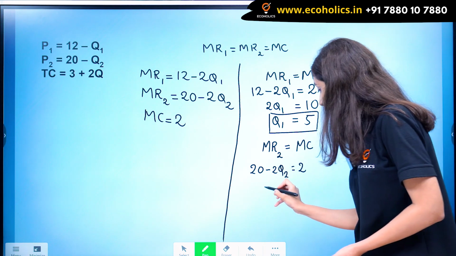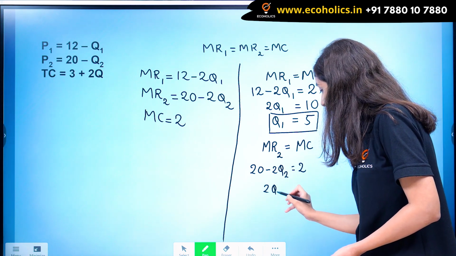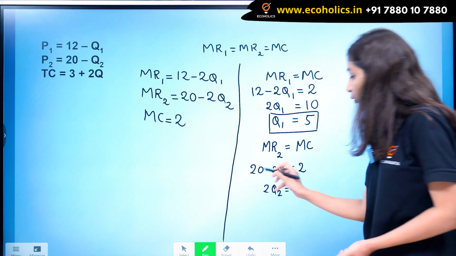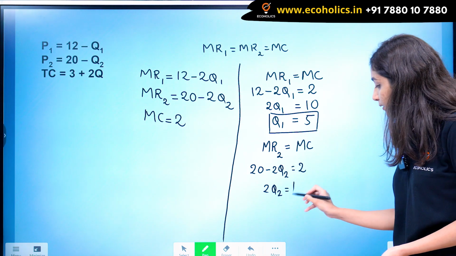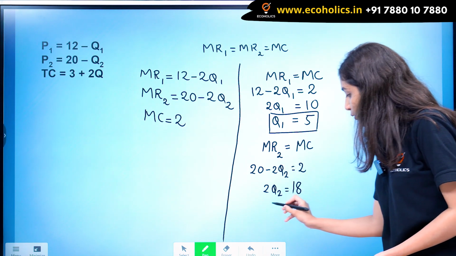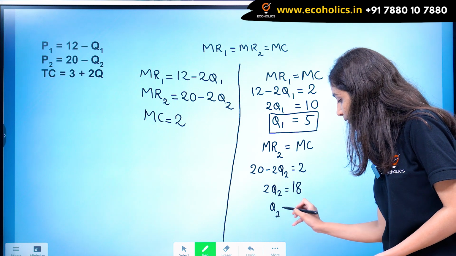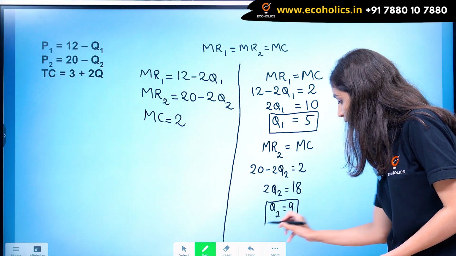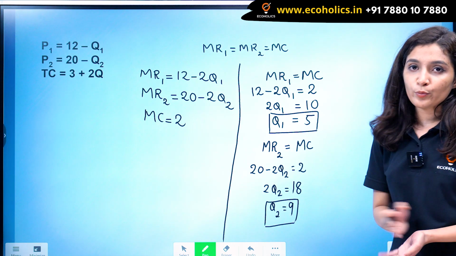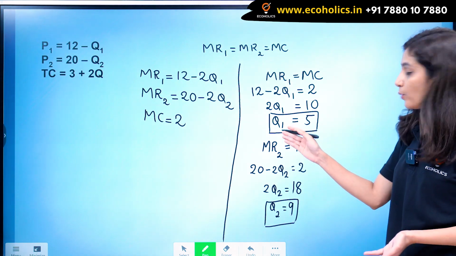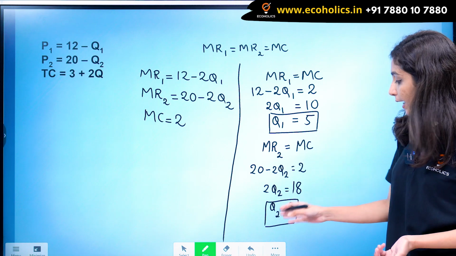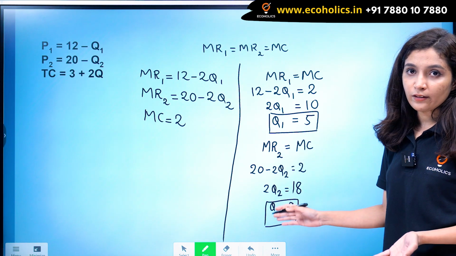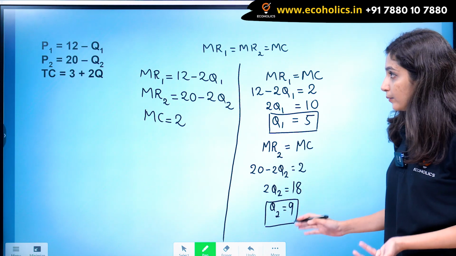So we get 2Q2 as 20 minus 2, that is 18. So we got our Q2 as 9. So the amount to be sold in the first market, that is Q1, is equal to 5, and the amount to be sold in the second market, that is Q2, is equal to 9.